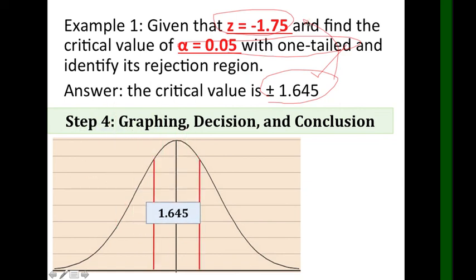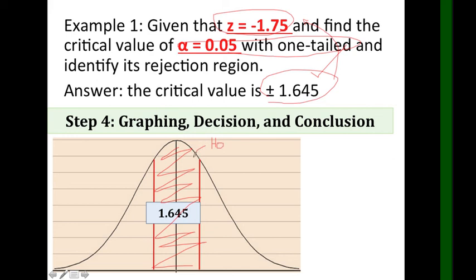So, this is now the rejection region. So, we have 1.645 as our critical value. Ibig sabihin, kapag nasa loob ng critical value ang ating answer, we will accept HO.